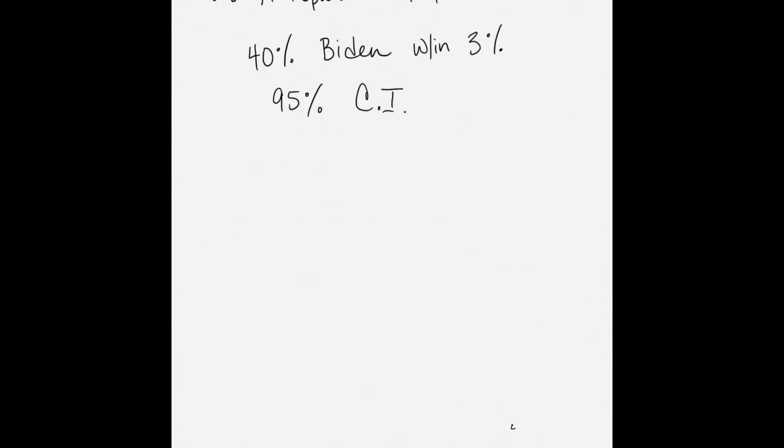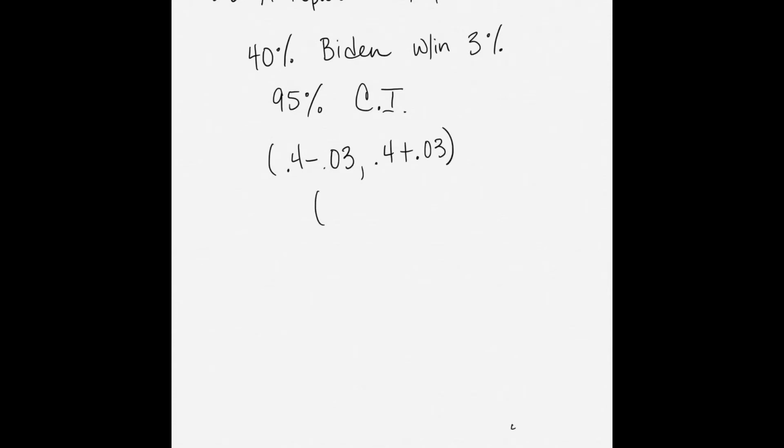Clearly it's not exactly 40% of the Democratic population that is going to choose Biden. It's somewhere around 40%. So we would say that we are 95% confident that our interval will be 0.4 minus 0.03 and 0.4 plus 0.03.